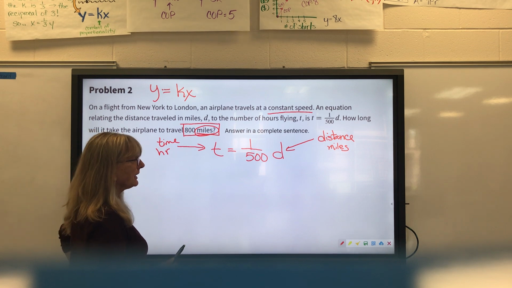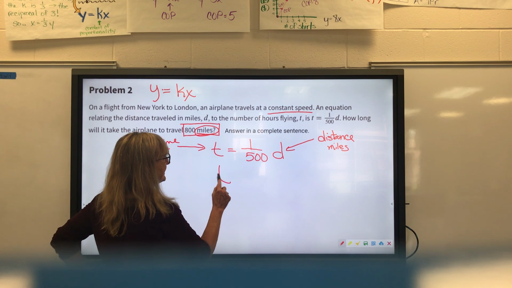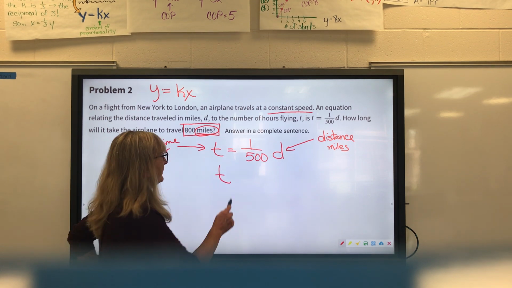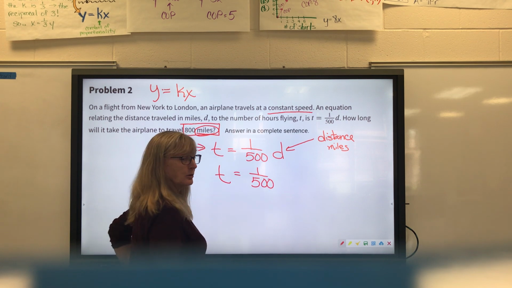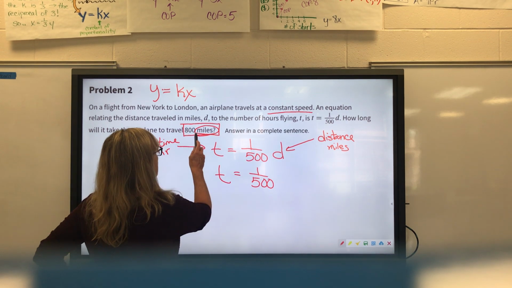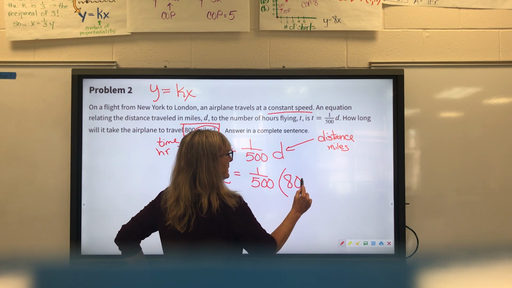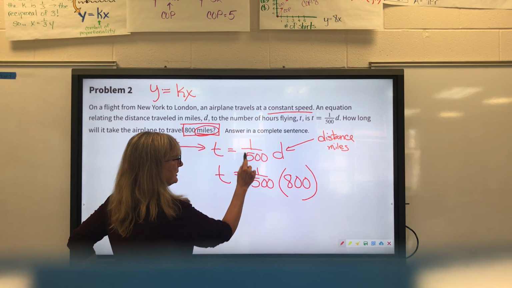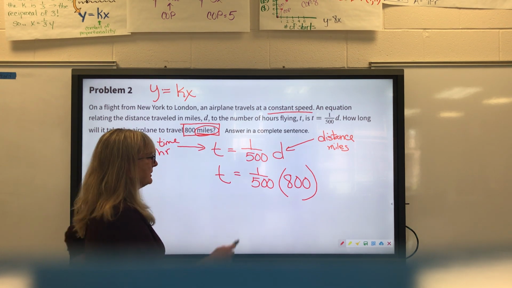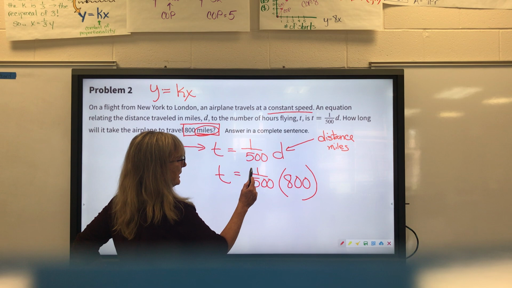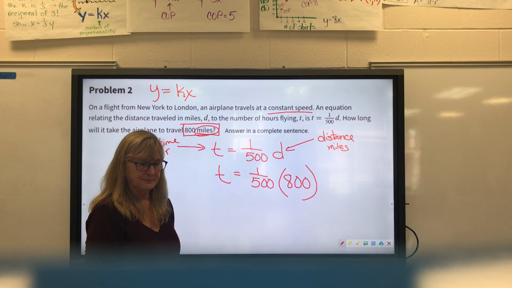The time. So the time is unknown. So we're going to leave the t, we don't know that. We're going to plug in what we do know into the equation they gave us. So where am I going to put the 800? Where the d is. The operation between the coefficient and the variable is multiplication. So now take out your calculators and multiply 1/500 times 800.